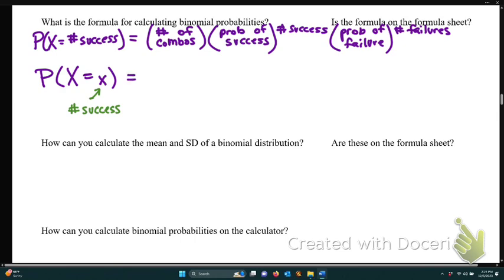All right. Here's the part of the formula that everybody goes, what? This was on your diagnostic quiz on the second day of school.